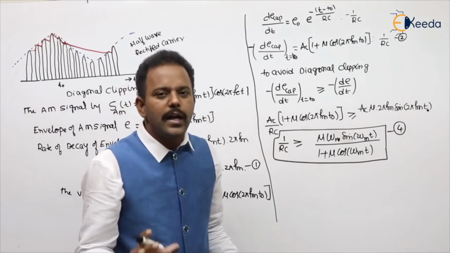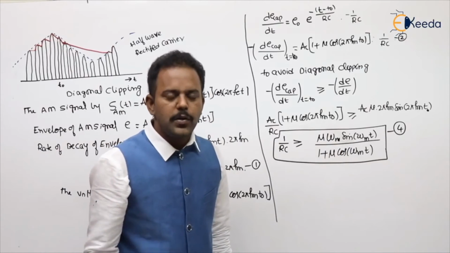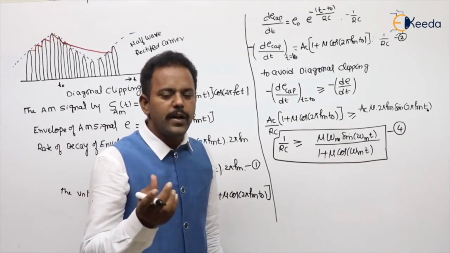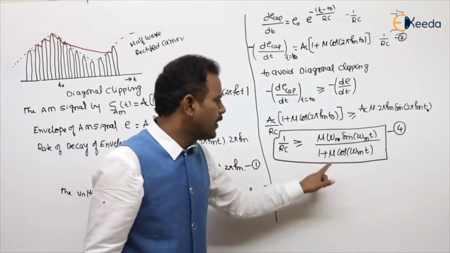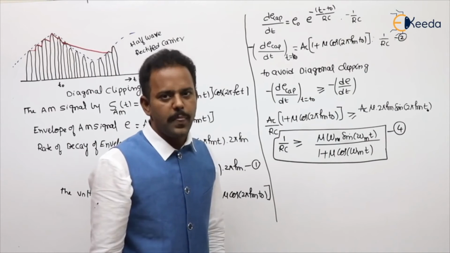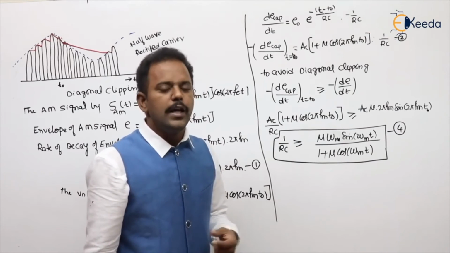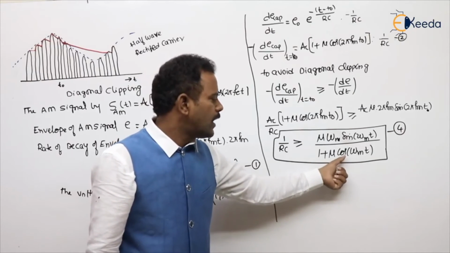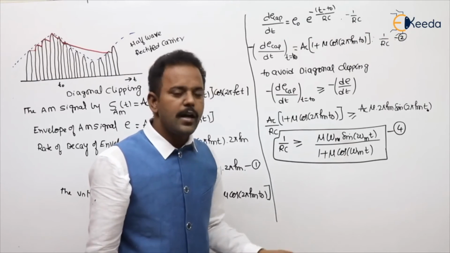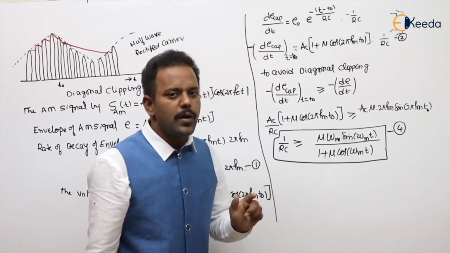How to calculate the maximum value of this right side? To calculate the maximum value of the right side, we need to differentiate and equate to 0, like the calculation of maxima and minima. If you differentiate and equate to 0, what you will get? The roots are cos omega m t equal to minus mu, and sin omega m t equal to root of 1 minus mu square.